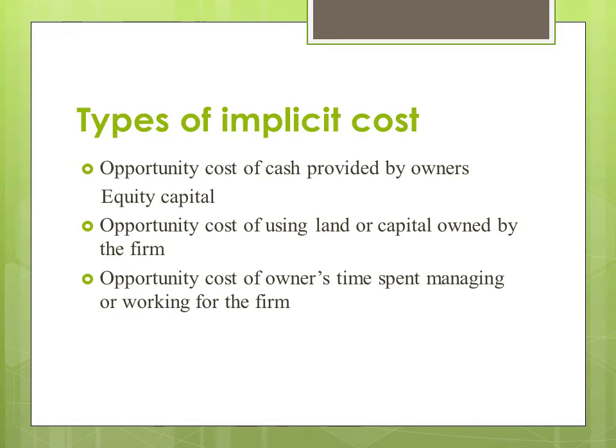So there is the opportunity cost of cash provided by owners, equity capital, the opportunity cost of using land or capital owned by the firm, and the opportunity cost of owners' time spent managing or working for the firm.